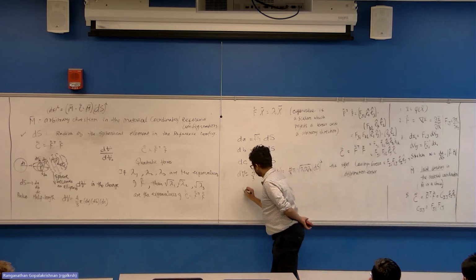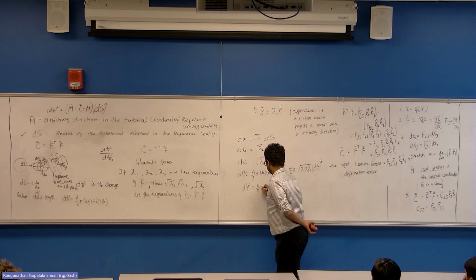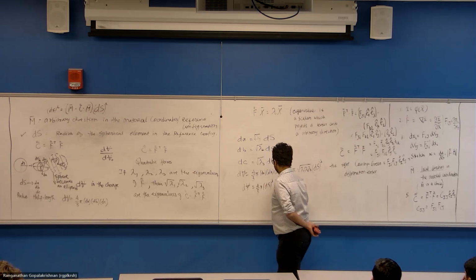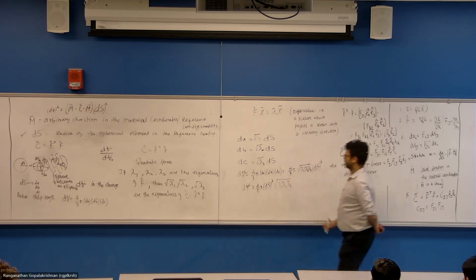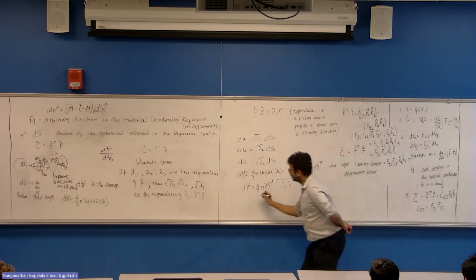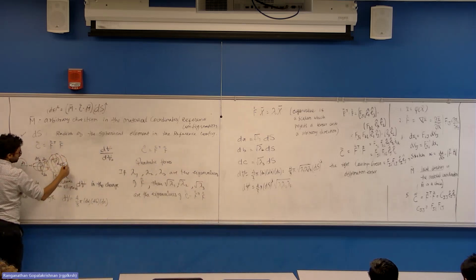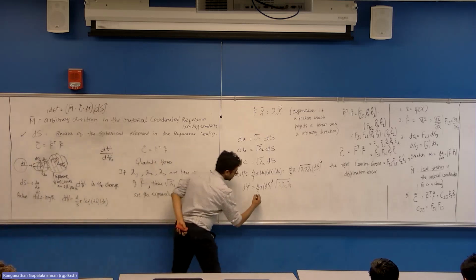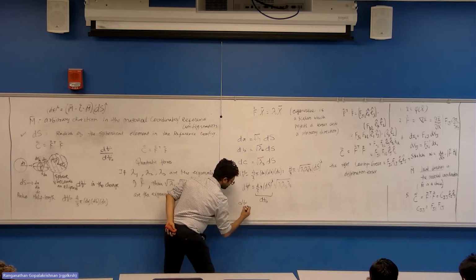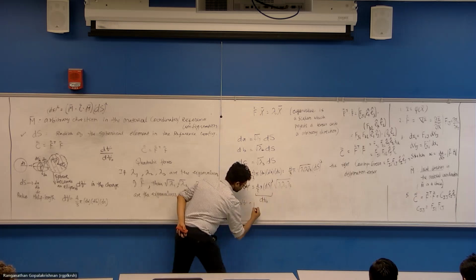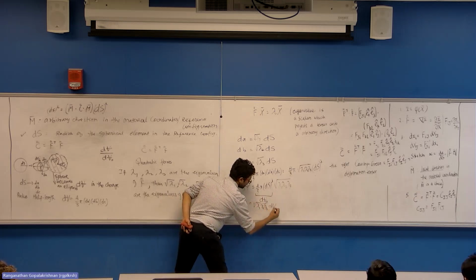This is dV equal to 4 by 3 pi ds cube multiplied by square root of lambda 1, lambda 2, lambda 3. This quantity is the volume before, the volume in the reference configuration. So this is dV naught. So I can write dV equal to square root of lambda 1, lambda 2, lambda 3 times dV naught.